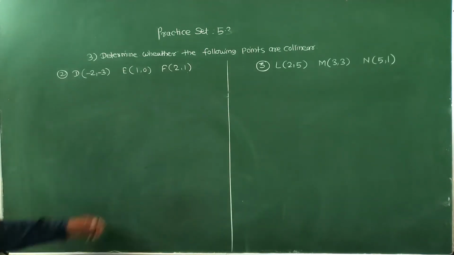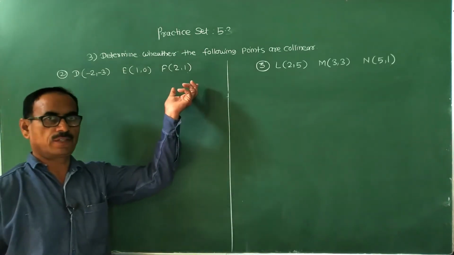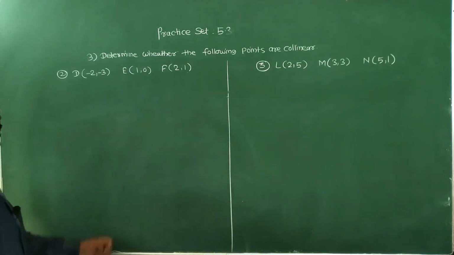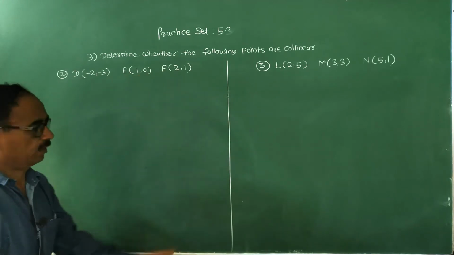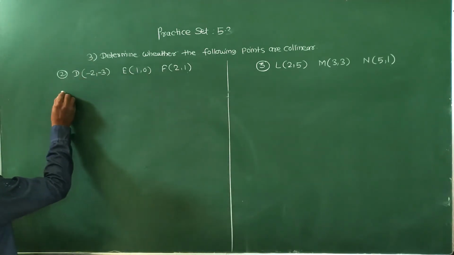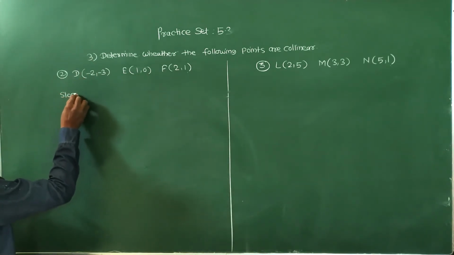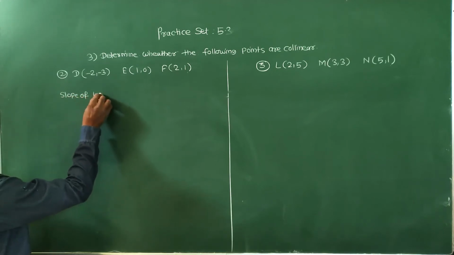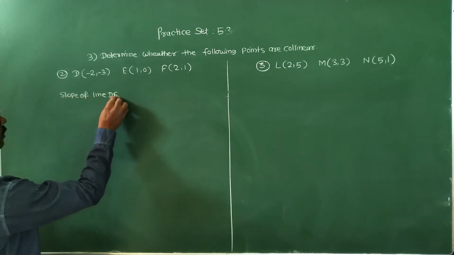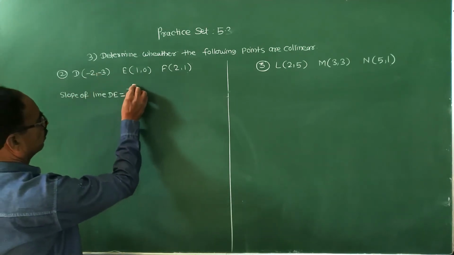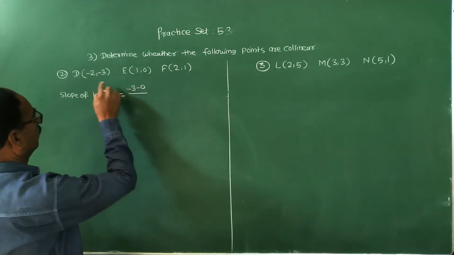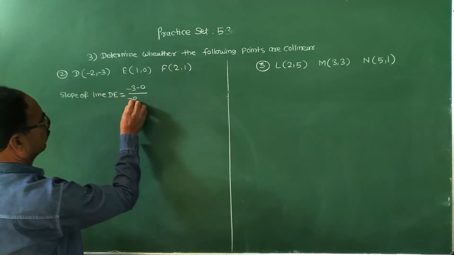Here we have given points D, E and F. Three points are given. We will first find the slope of line DE, then the slope of line EF. So here we can write the slope of line DE, which will be equal to (-3 - 0) upon (-2 - 1).